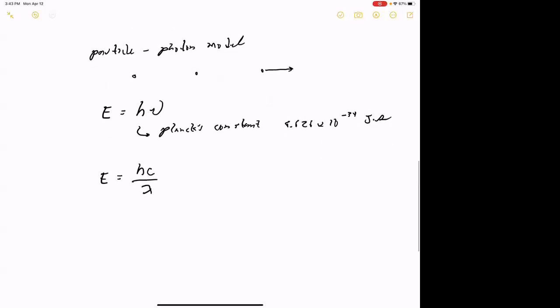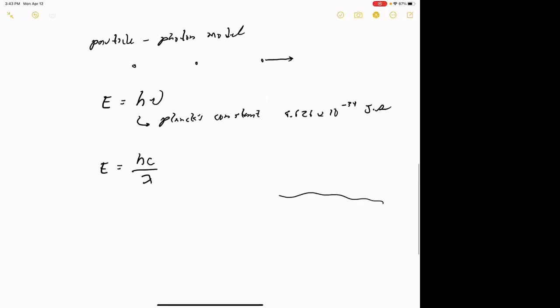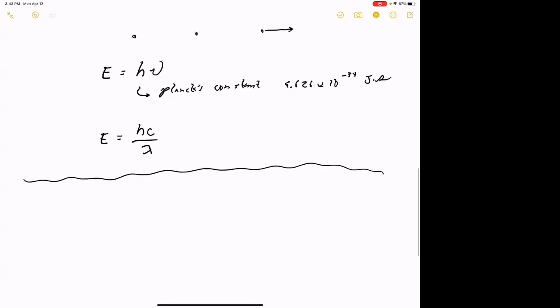All right. So the next thing we kind of have to think about here is the so-called electromagnetic spectrum. So when we talk about the electromagnetic spectrum, we're talking about all the different kinds of light or electromagnetic radiation that we can actually have.